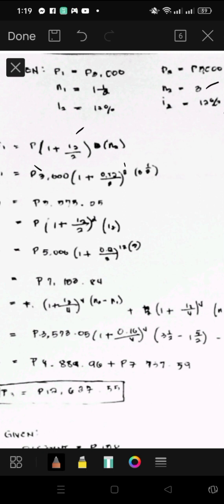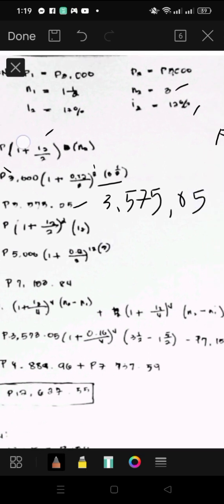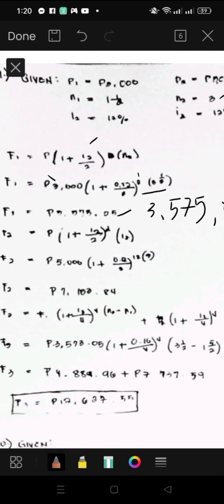Then multiply the 2 by the number of years, which is 1 and 1 half. So the future amount is 3,573.05. So F2 is equal to P quantity of 1 plus 0.12 over 12 raised to 12 times 3.